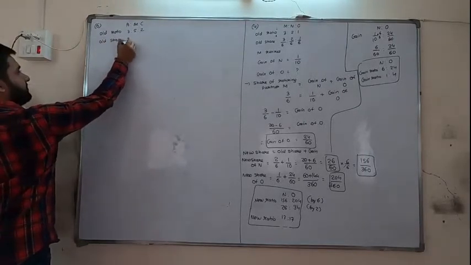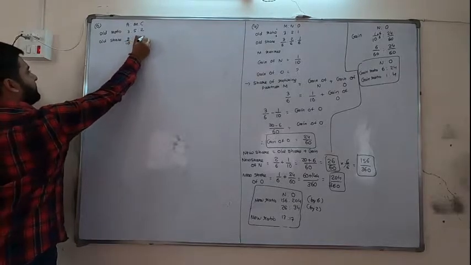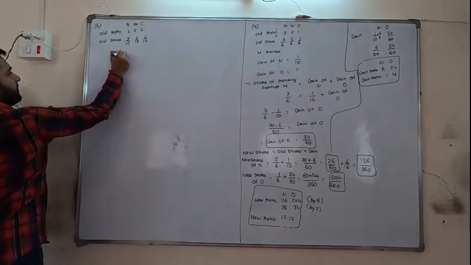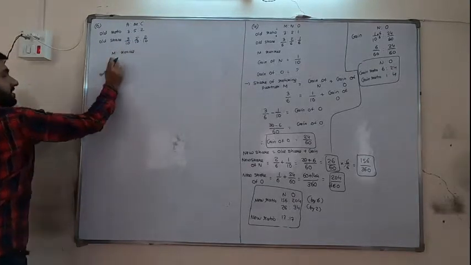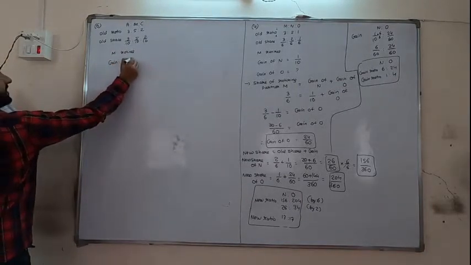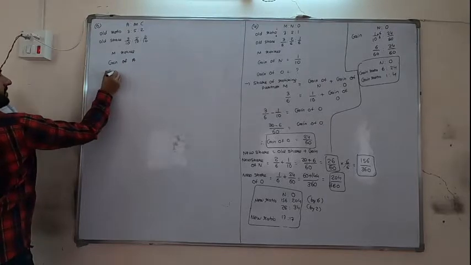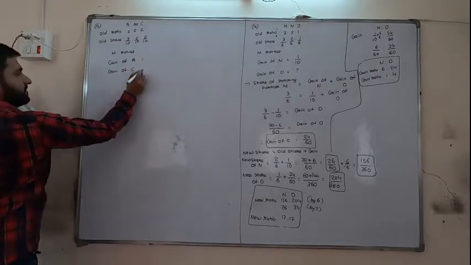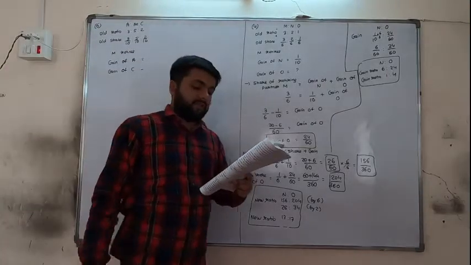Old share 3/10, 5/10, 2/10. M retires. Now what they are speaking about is gain share, that is gain of A, gain of C. Now read it very carefully.